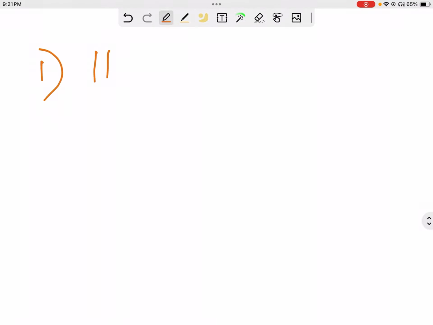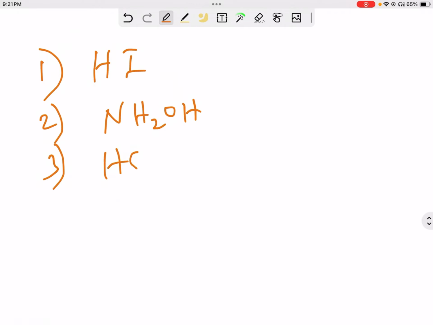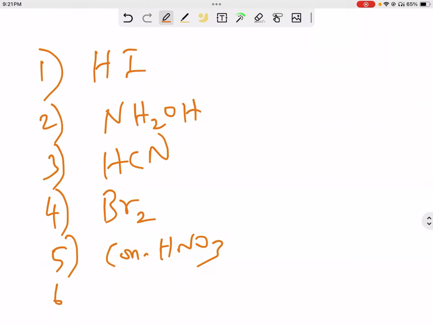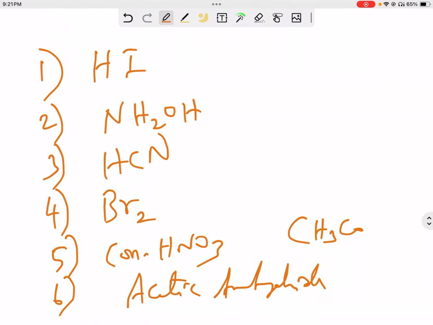You have reaction of glucose with HI, reaction of glucose with hydroxylamine, reaction of glucose with HCN, reaction of glucose with bromine water, reaction of glucose with concentrated HNO3, and reaction of glucose with acetic anhydride. So that is CH3CO twice O. So these six reactions are also important.